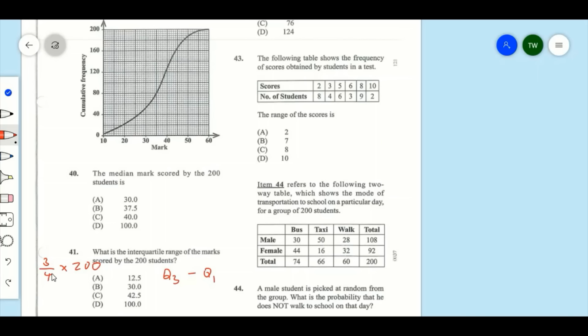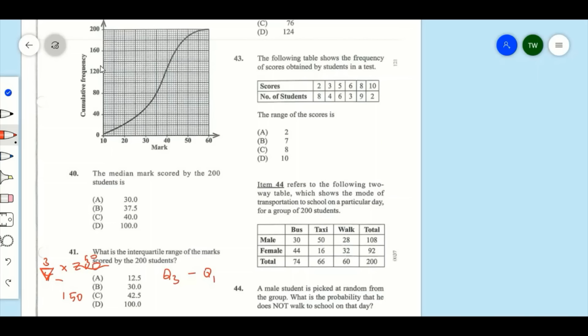And 4 into 200, that's going to be 50. And 3 times 50, that's going to be 150. So Q3 position is going to be at 150, right?